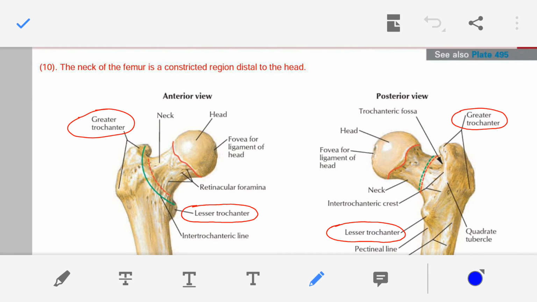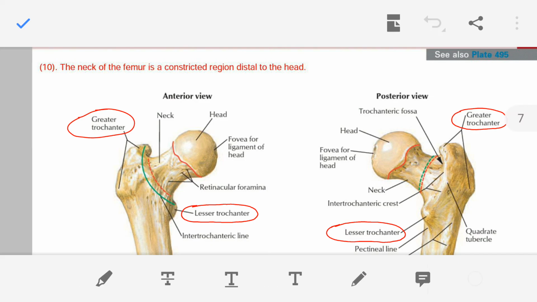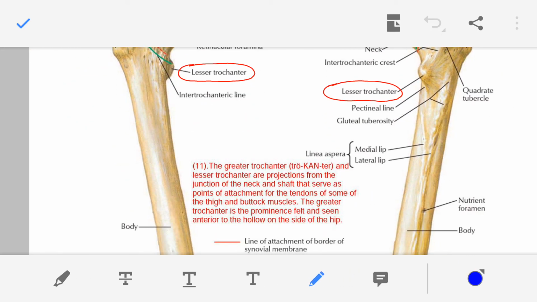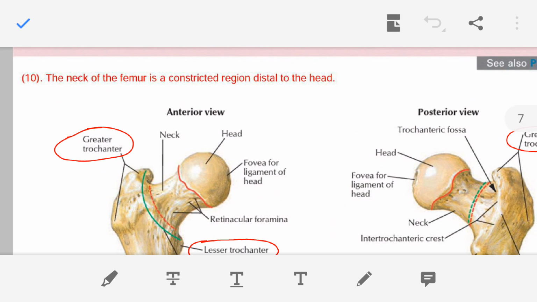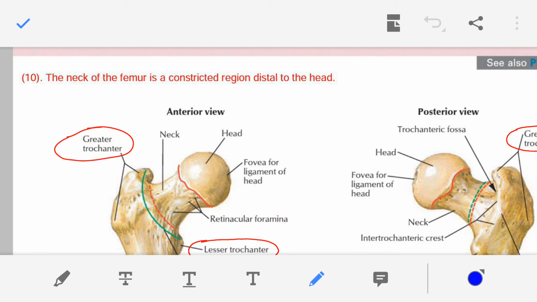First of all, this part is the head of the femur. This part is known as the body or the shaft. Now where is the neck? The neck of the femur is the constricted region distal to the head.